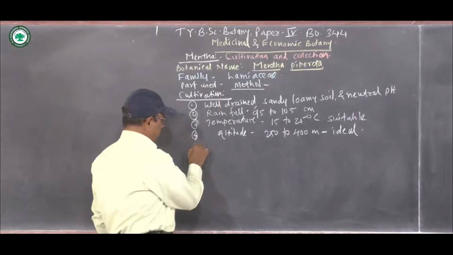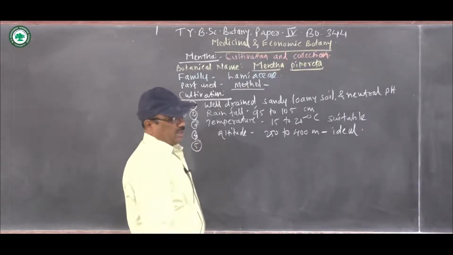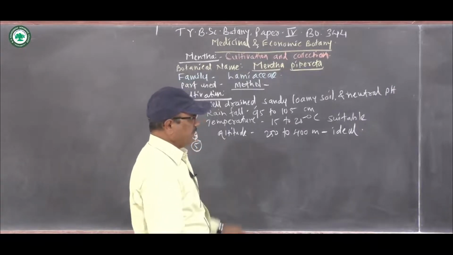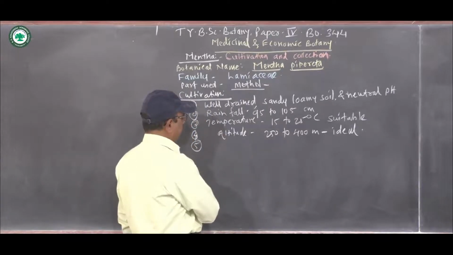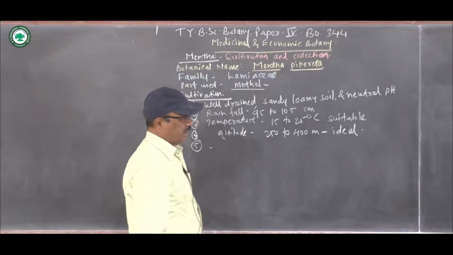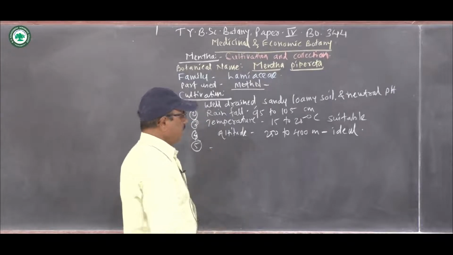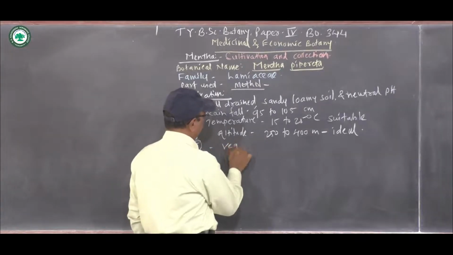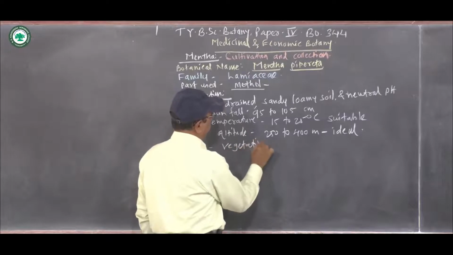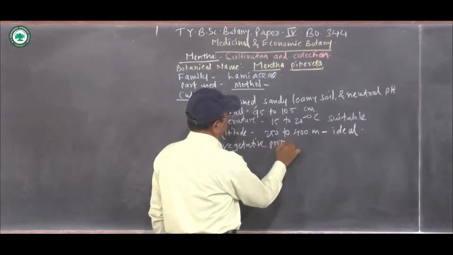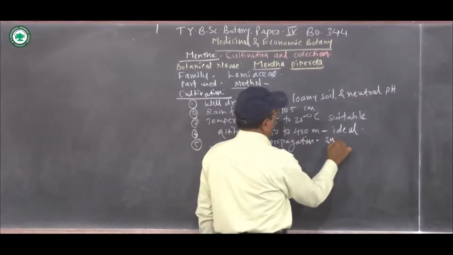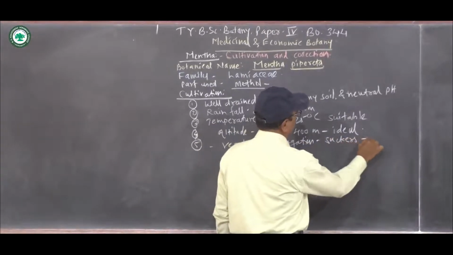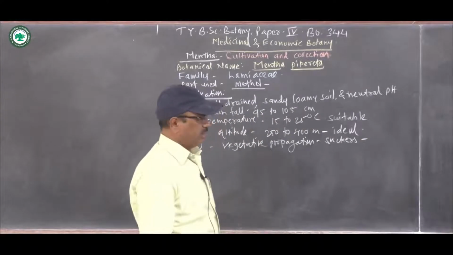And if we see its cultivation, the cultivation of this Mentha is carried out with the help of vegetative propagation. And for the vegetative propagation, the suckers of the plants are very commonly used.